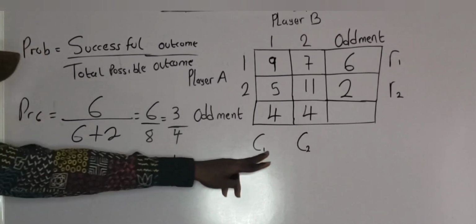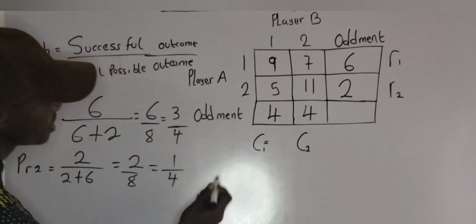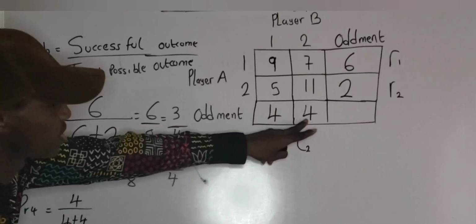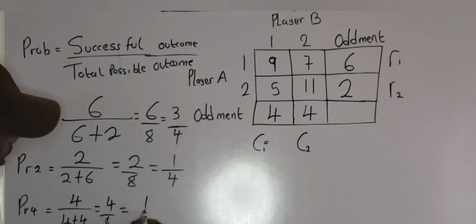Okay, let's go to this column. We have C1. The probability of obtaining 4, that will be PR4, 4 all over 4 plus 4, which is the sum. You understand what I'm saying? 4 over 4 plus 4 is 4 over 8, which is 1 over 2.